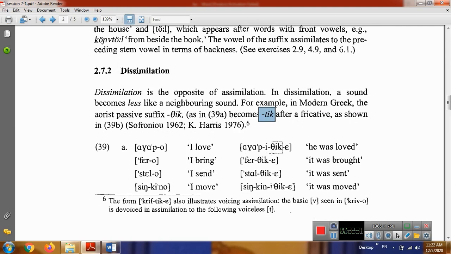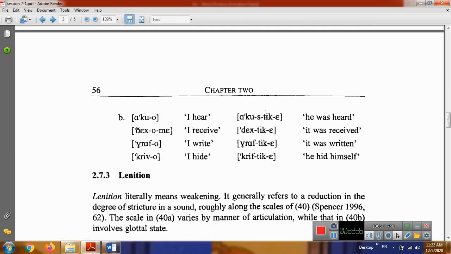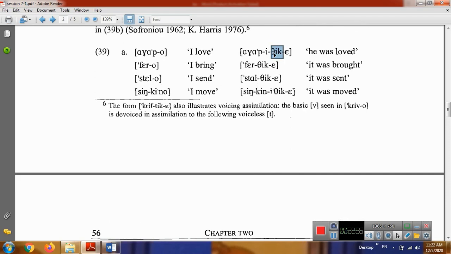At first this suffix is -sike, but when it comes after fricative sounds like s, like th, and f, it becomes t, and it becomes a plosive. At first this s by itself was a fricative.